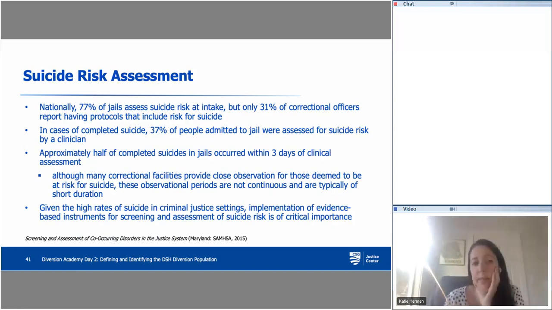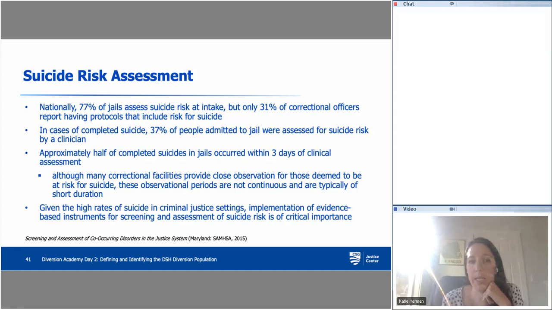And this is just some more statistics about the rate of suicide in jail, which is very high. In cases of completed suicides in jails, only 37% were assessed for their suicide risk. Approximately half of all completed suicides in a jail occur within 3 days of a clinical assessment.